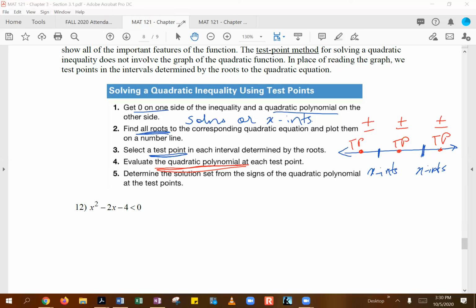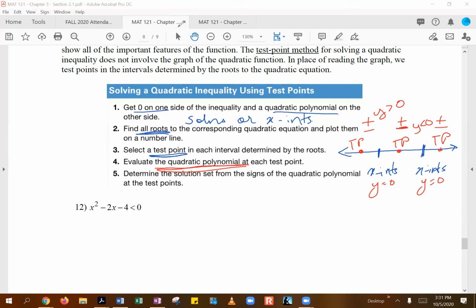If your y value is positive, then of course we are saying that means y is greater than 0. If your y value is negative, then that's where your y value is going to be less than 0. And at the x-intercepts themselves, we know the y value is always equal to 0.